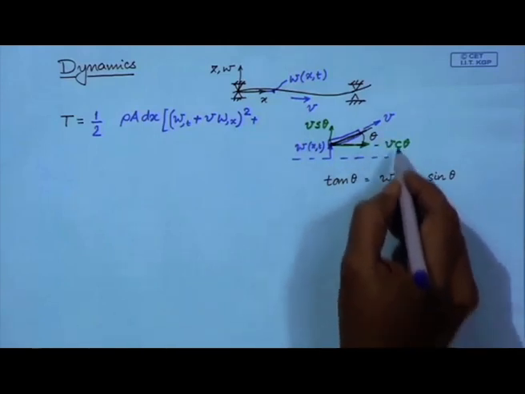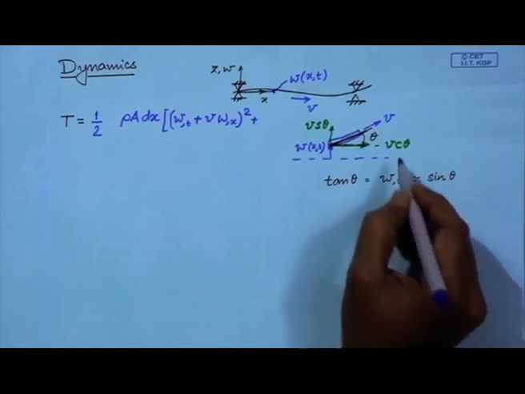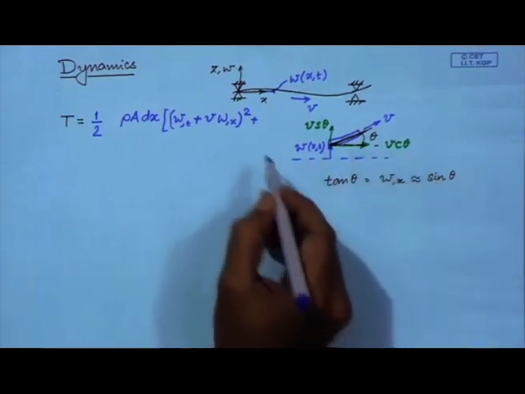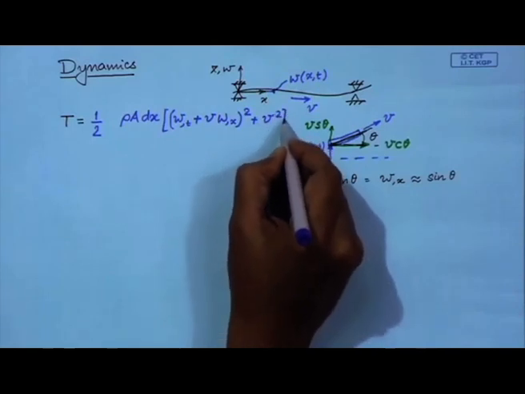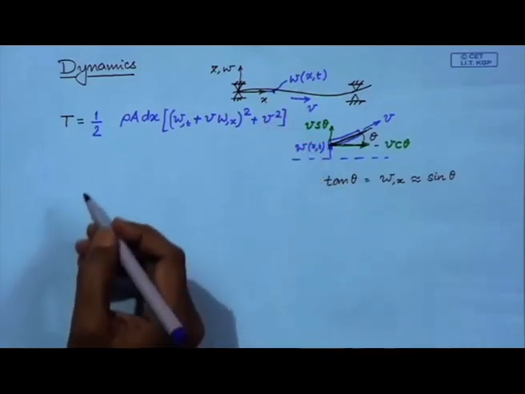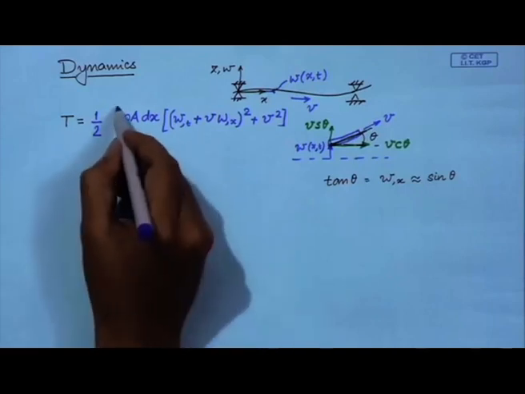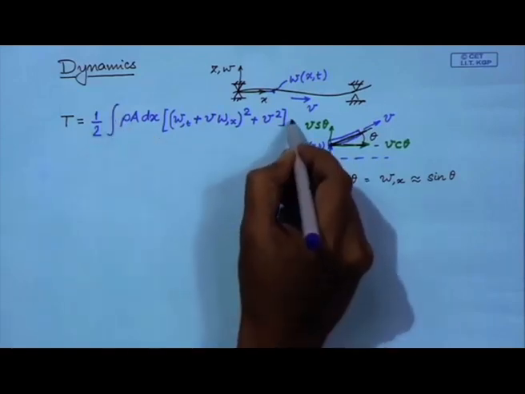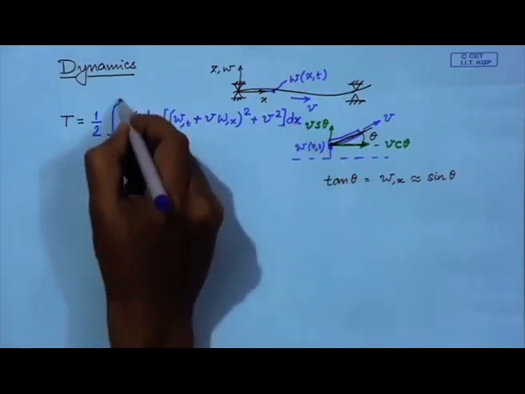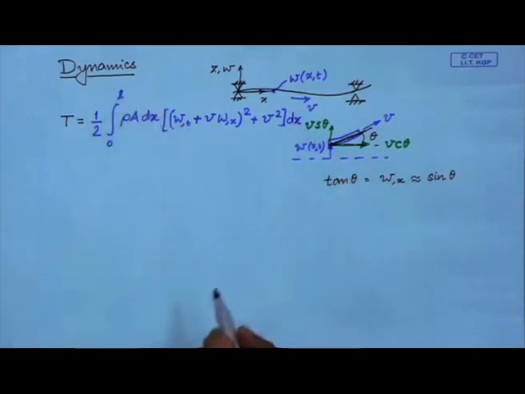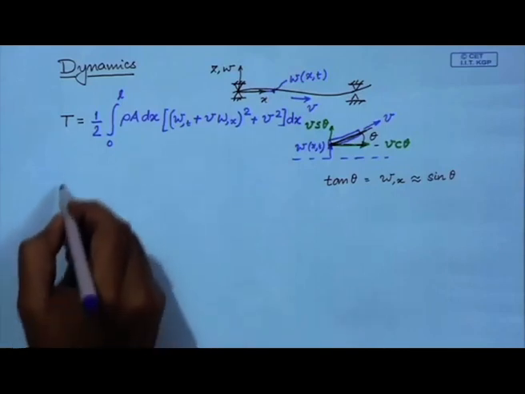Now, with the assumption that del w del x is small, v cosine theta can be approximated as v. Therefore, if I integrate this over the total length of the string, I have the total kinetic energy of the string.